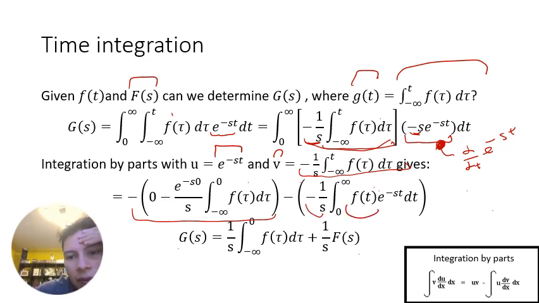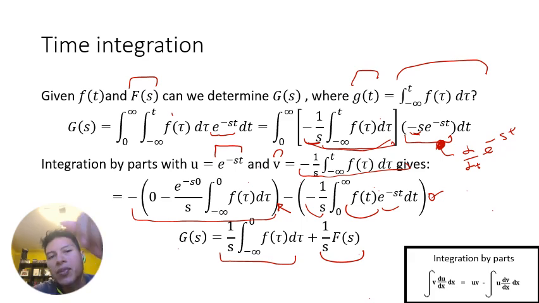And we still have the negative 1 over s, e to the negative st, which is u. But this is just the Laplace transform f of s divided by s. And then we have here our initial condition term, which came from the uv part in the integration by parts. We're rarely going to be using this formula, but it's in the textbook, so I just went over it.